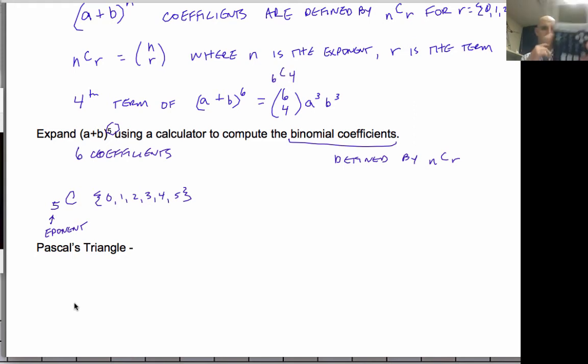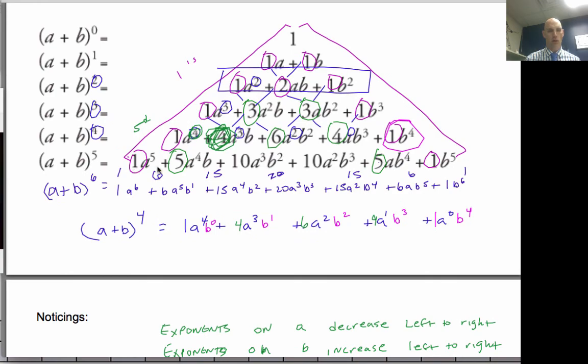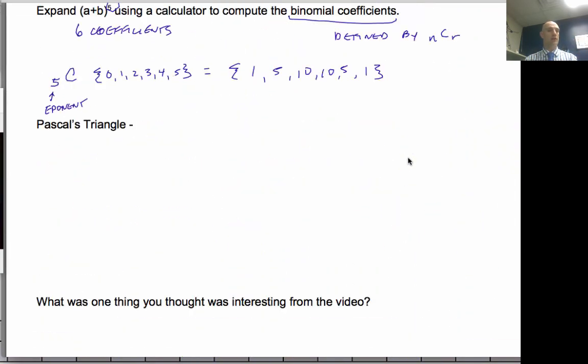It spits out that line of Pascal's triangle: 1, 5, 10, 10, 5, 1. Go up to the fifth row of Pascal's triangle. Boom, right there: 1, 5, 10, 10, 5, 1. That's another way to do it.